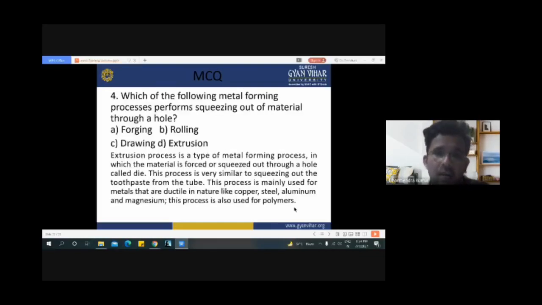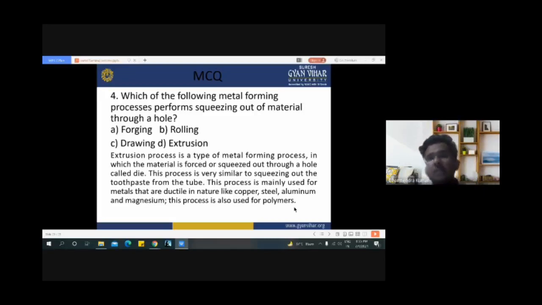Here is another multiple choice question: which of the following metal forming processes performs squeezing out of material through a hole? We are seeing that in the extrusion process, the material comes out after squeezing the raw or viscous material by applying force from the ram.